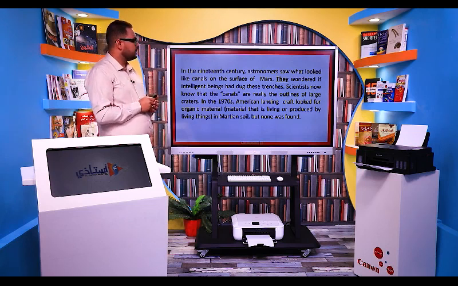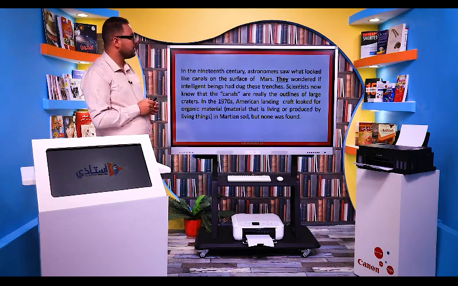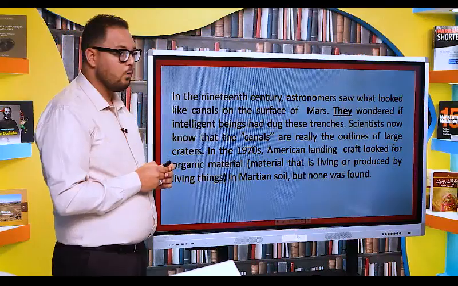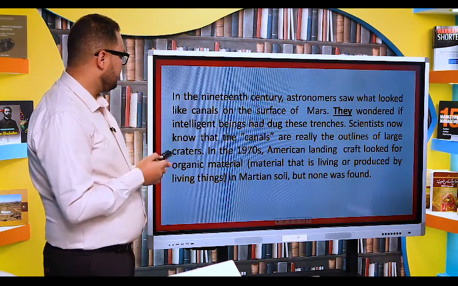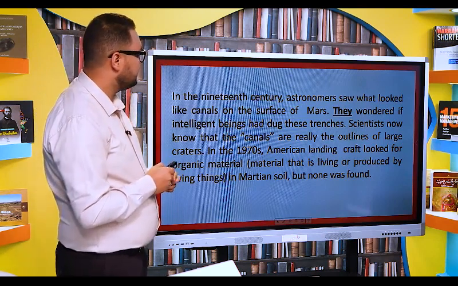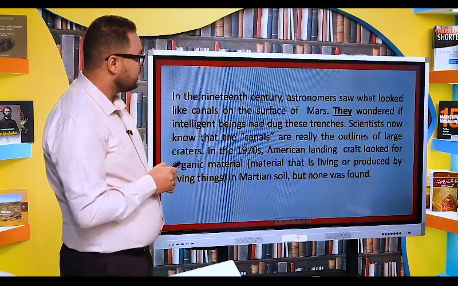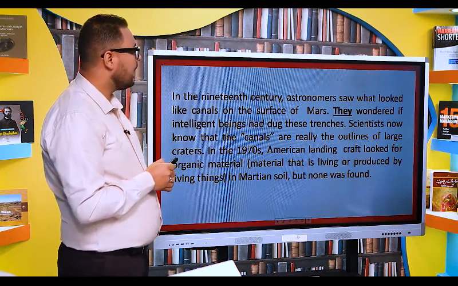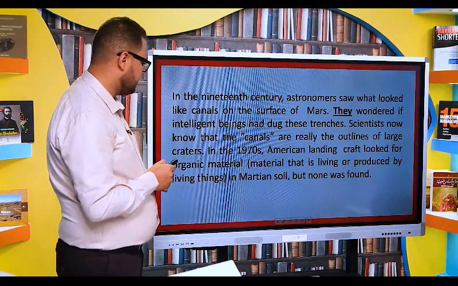In the 19th century, astronomers saw what looked like canals on the surface of Mars. They wondered if intelligent beings had dug these trenches. Scientists now know that the canals are really the outlines of large craters.